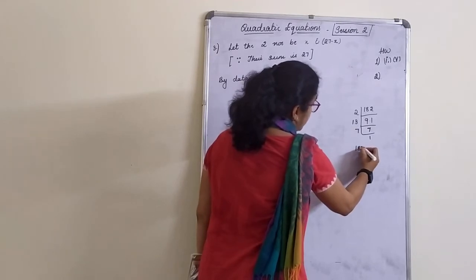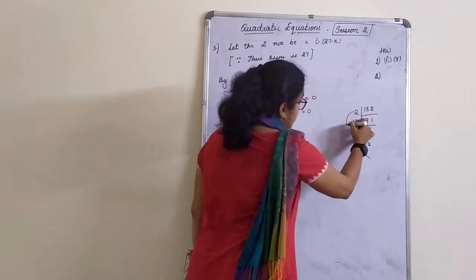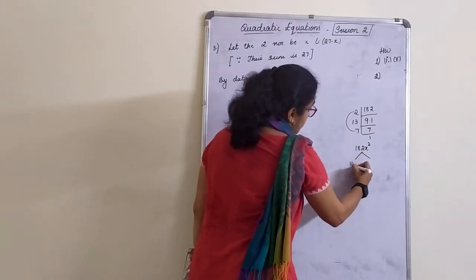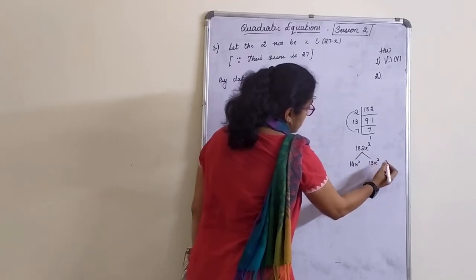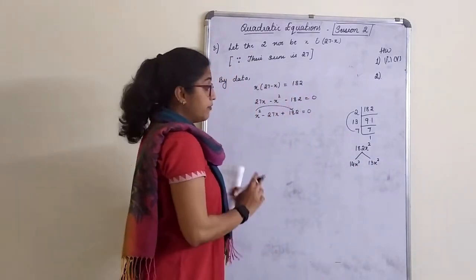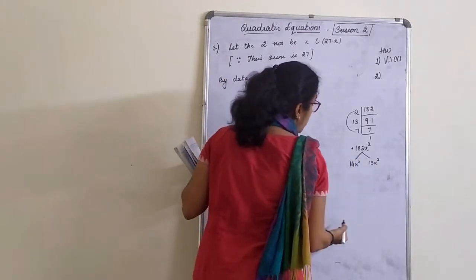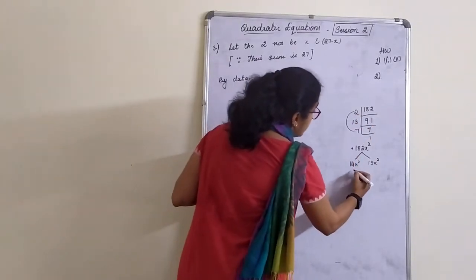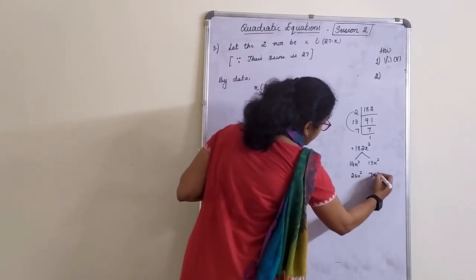So what are the factors of 182 x square? 7 2s are 14, so 14x square into 13x square. Okay, 14 13s is 182, plus 182 is what I want here. What other factors can I see? 13 2s is 26x square and 7x square.